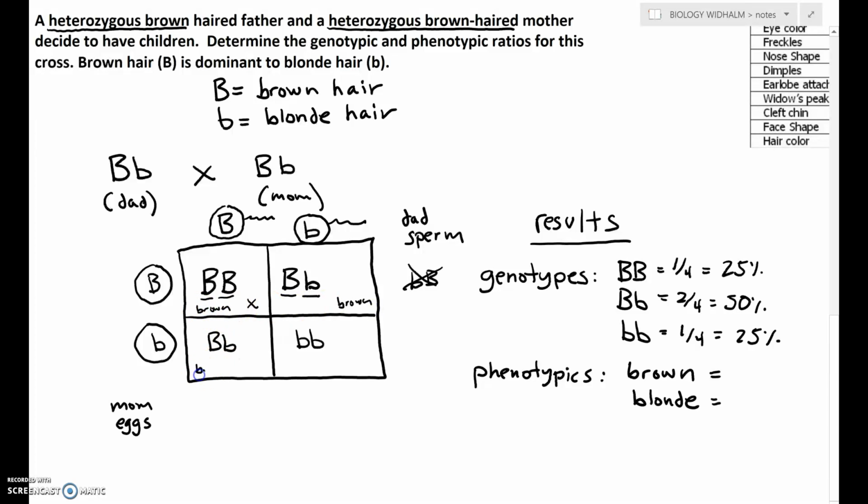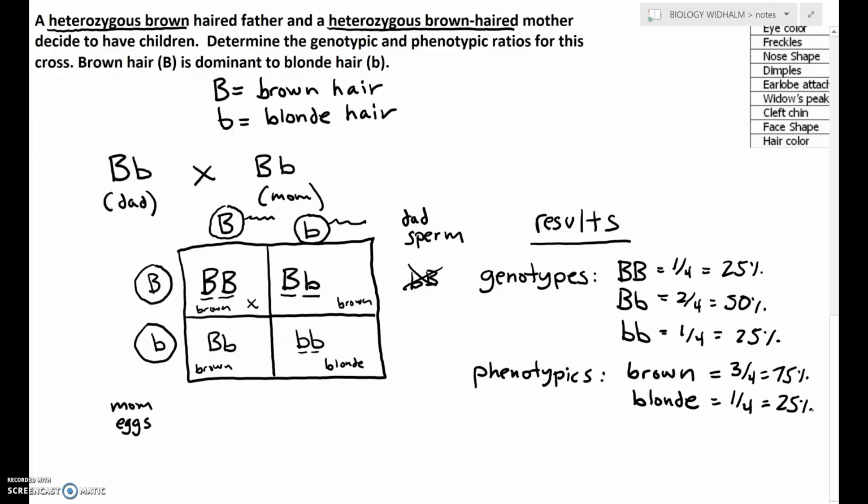We got brown here. But in this one, we have two recessive genes, so we're going to end up seeing blonde there. So 3 out of the 4 are going to show the phenotype of brown, which is 75%. And 1 out of 4 is going to show blonde, which is 25%.